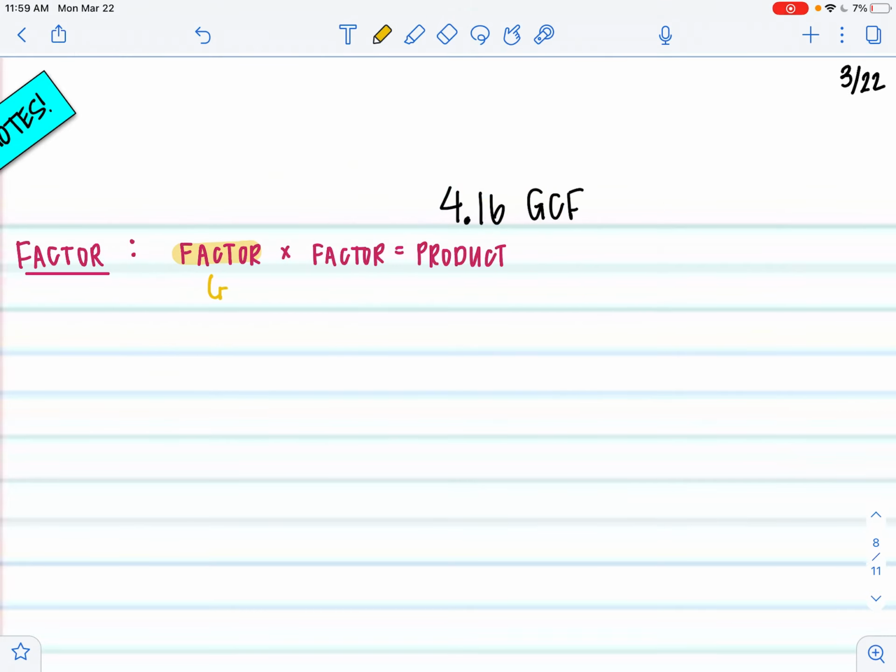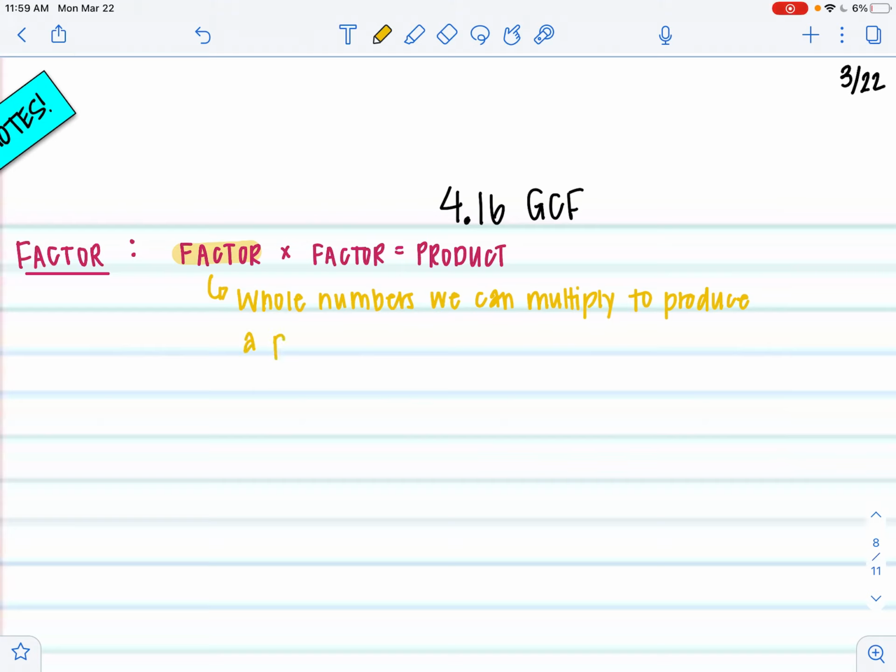So whole numbers that we can multiply to produce a given product.